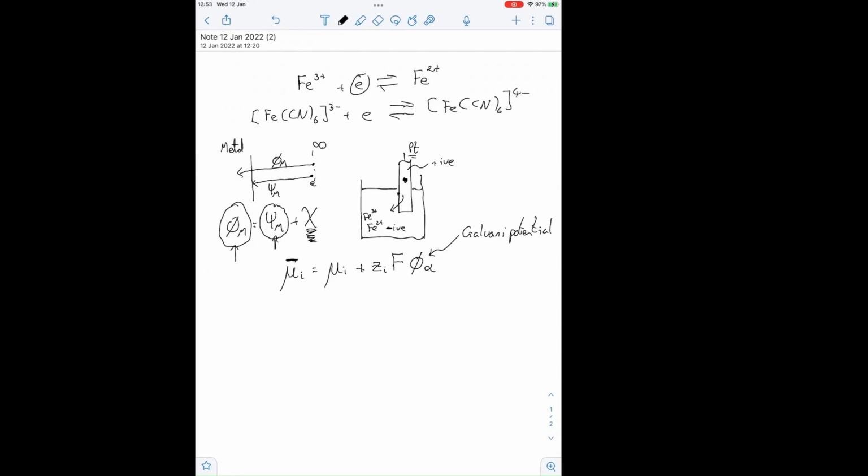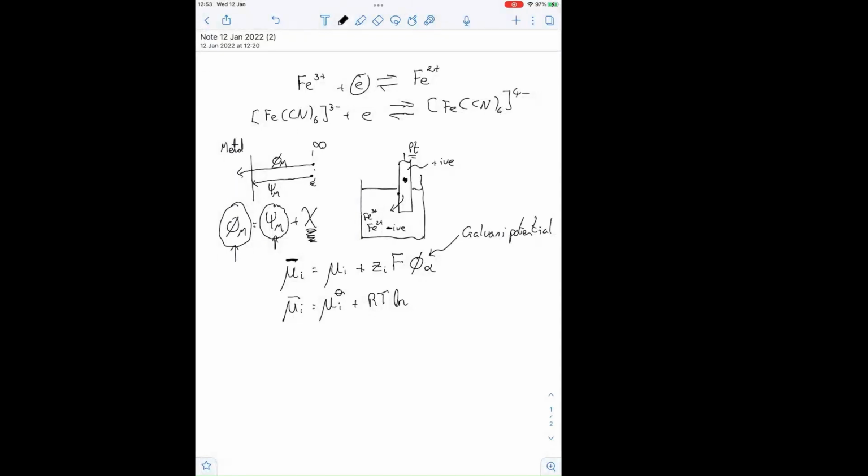And this potential here, our electrochemical potential of species i, we can write as the standard chemical potential, the chemical potential under standard conditions, plus a concentration term, how the chemical potential changes as I change species.